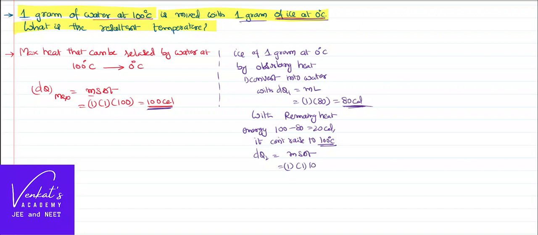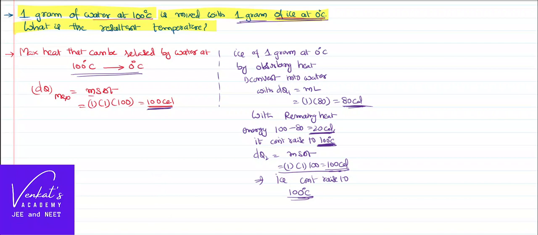Delta T is again 100, that is 100 calories. It needs 100 calories for this ice to rise to 100 degrees centigrade. But the available heat is only 20 calories. So that implies ice can't rise to 100 degrees centigrade. It means to say this also is not going to fall from 100 to 0.